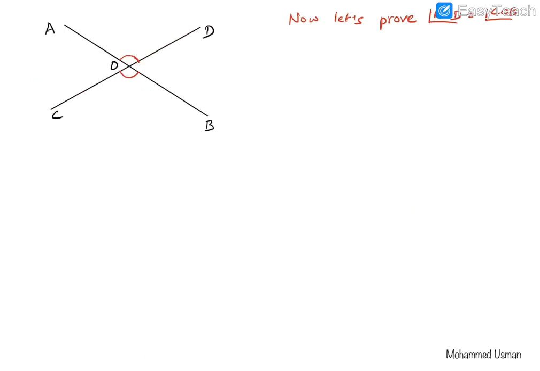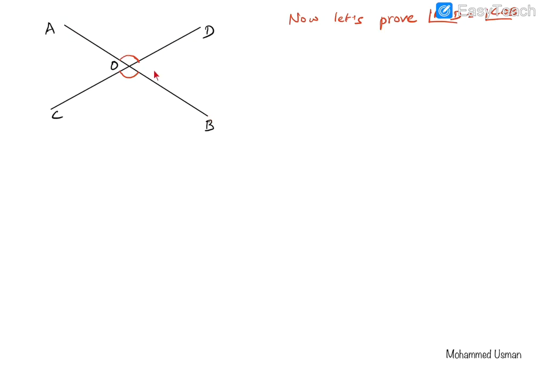So let's make that proof as well. We want to prove that angle AOD is equal to COB. Again, for this let us consider that we have a line AB on which a ray OD is standing. In which case we have angle AOD plus BOD equals 180 degrees. So this angle plus this angle will be 180 degrees, considering that there is a ray OD standing on the line AB.